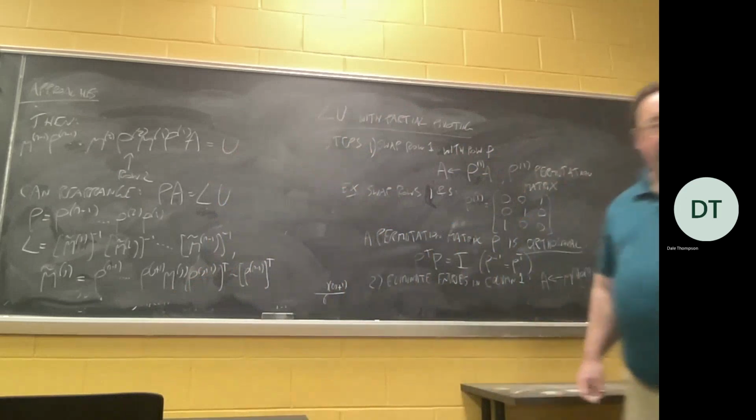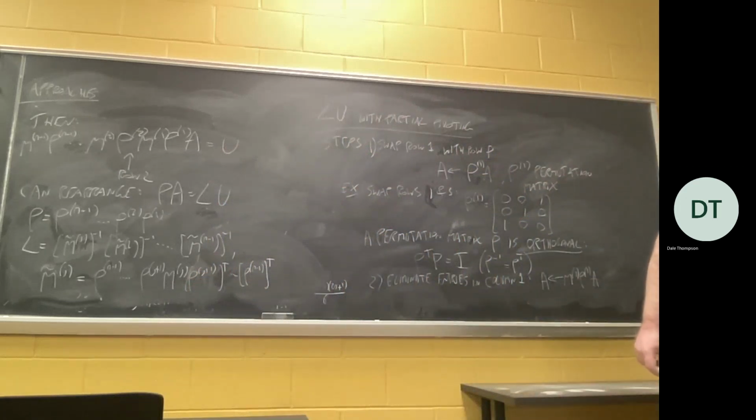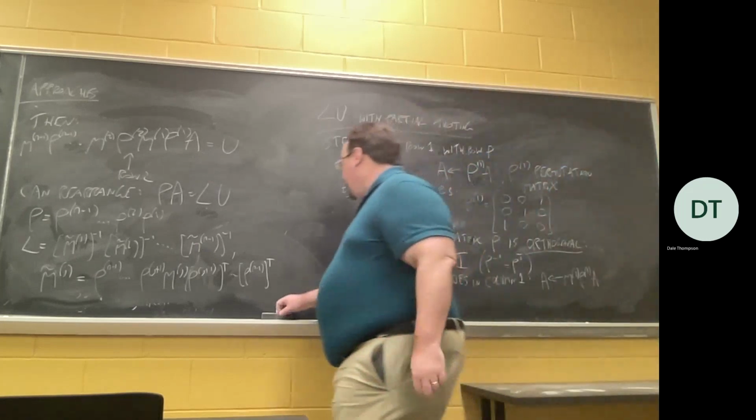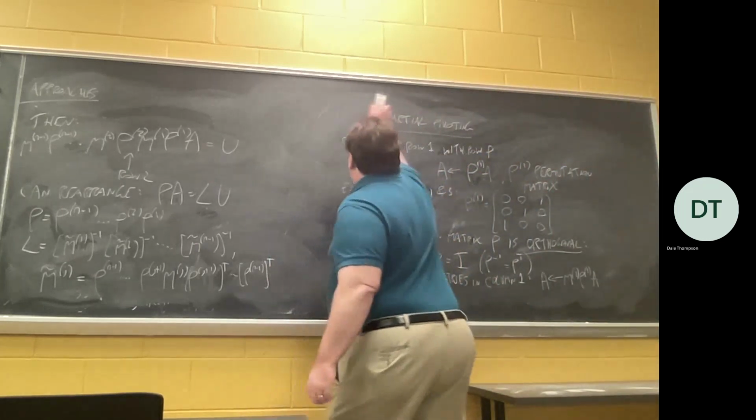So we actually do get an LU factorization of a row interchange version of A.